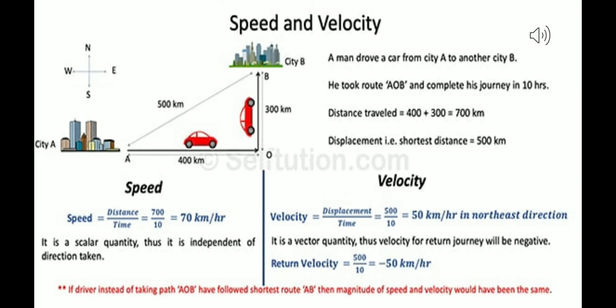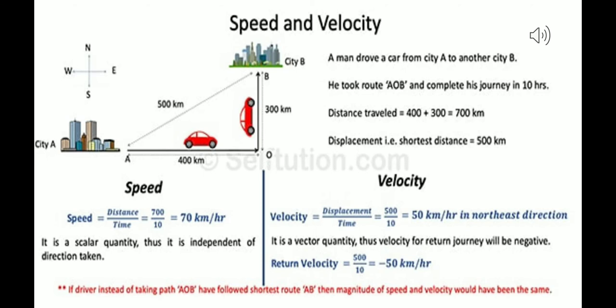There are some parts also for this, but first I'll talk about velocity. The velocity of a body is the distance traveled per second by the body in a specified direction. That means displacement. The velocity of a body is the displacement traveled per second.